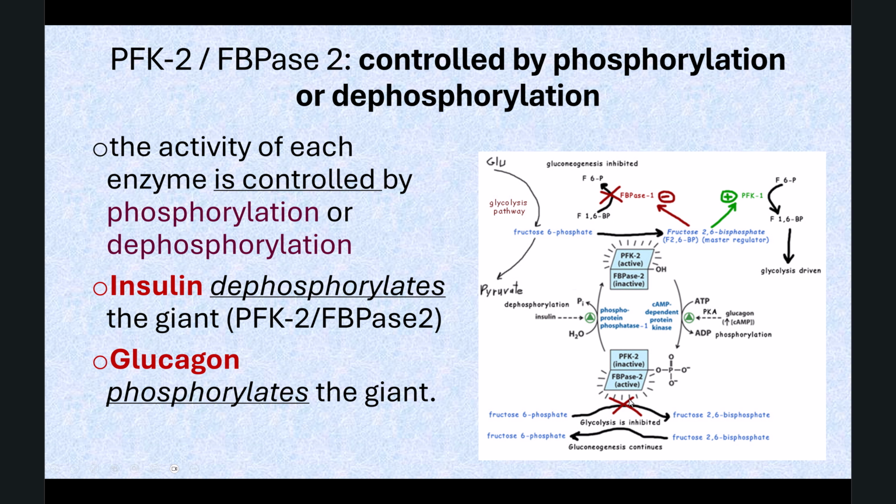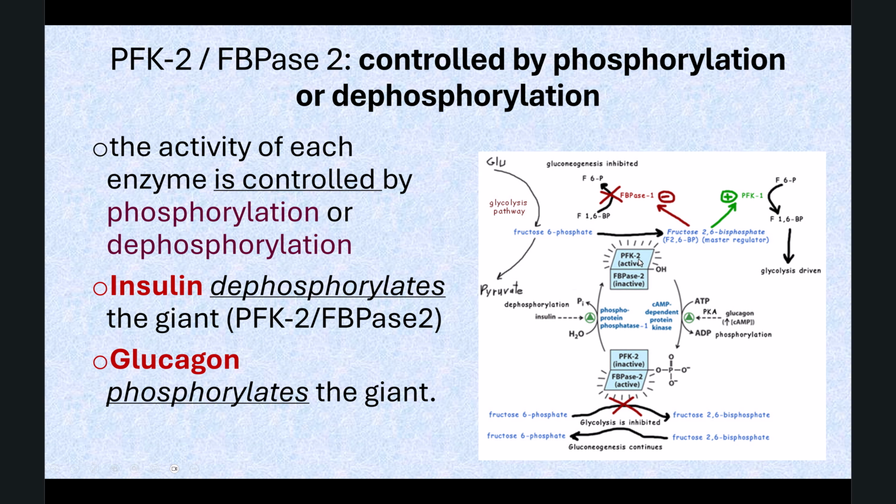See how that works. If a phosphate is ripped off and replaced by a hydroxyl group, that's what insulin does. Look at the phosphate is out, it's ripped off. Phosphoprotein phosphatase 1 does that.